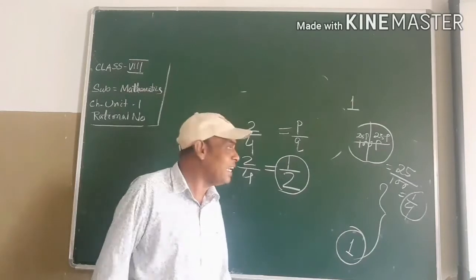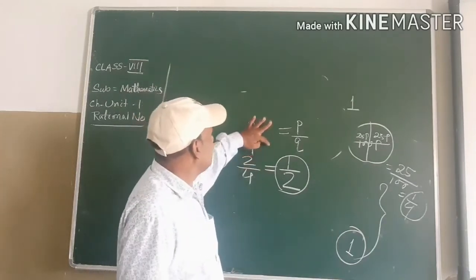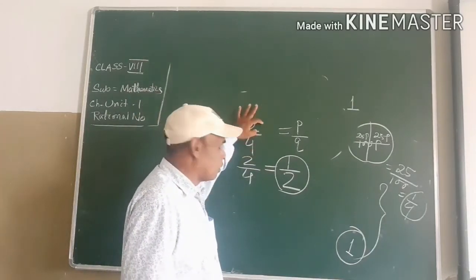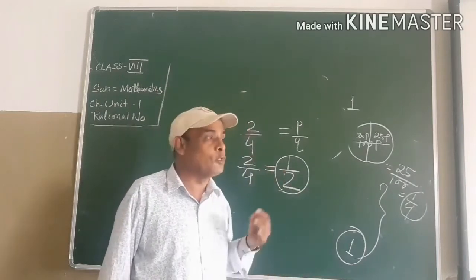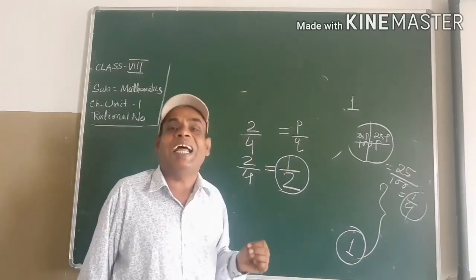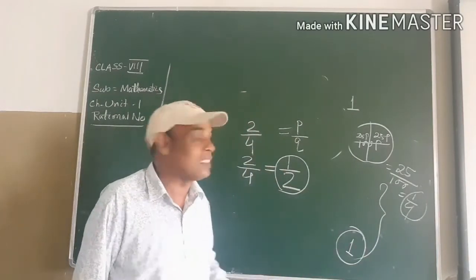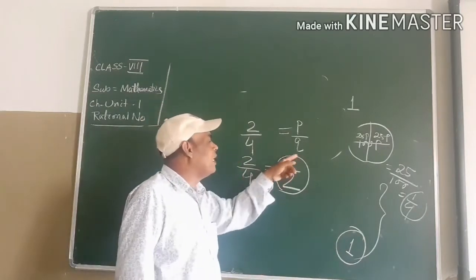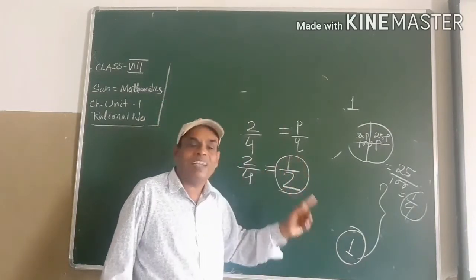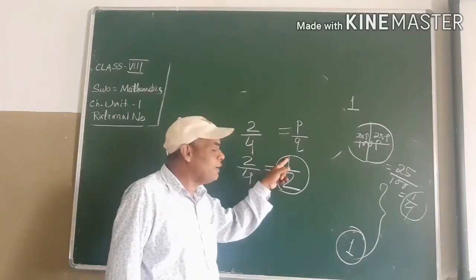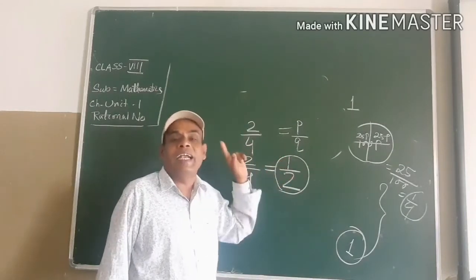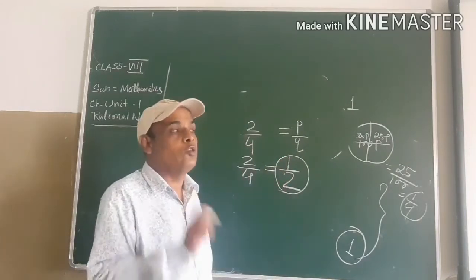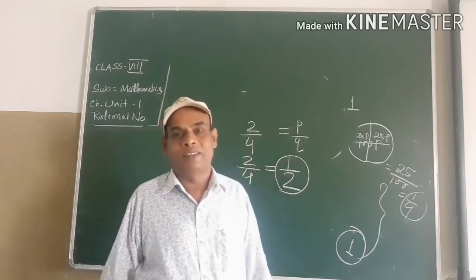Understood what I told you, children? Any rational number you have to express in the simplest form, so that the HCF of the numerator and denominator comes to 1.